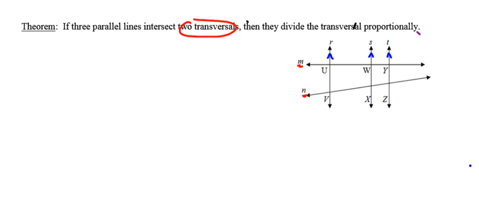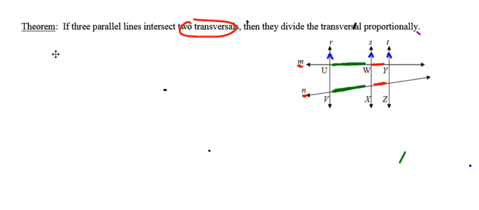So it says when those two transversals intersect those three parallel lines, the parts of the transversal are divided up in such a way that they're proportional. In other words, if we compare the first side of that transversal, UW, with WY, that's going to be equivalent to what I get when I compare VX to XZ.